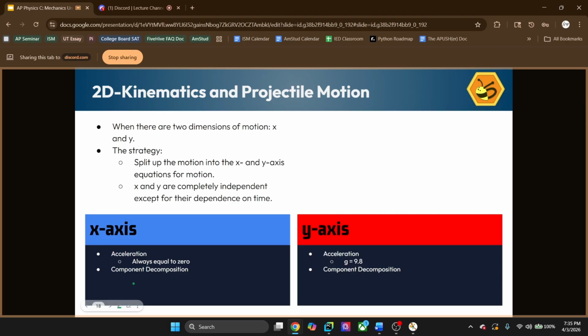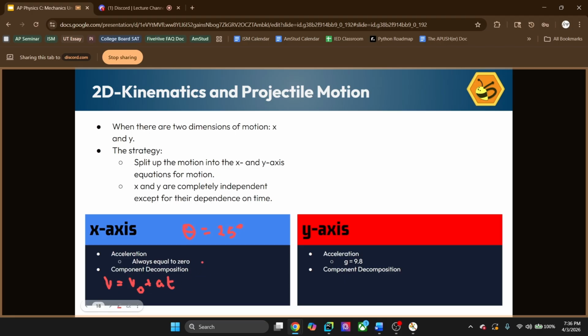Let's just look at some component decomposition. Let's say that we're being launched at theta equals 25 degrees, right? To split up the motion into x and y, all we really have to do is take one of the equations, so let's say we have v equals v naught plus at.